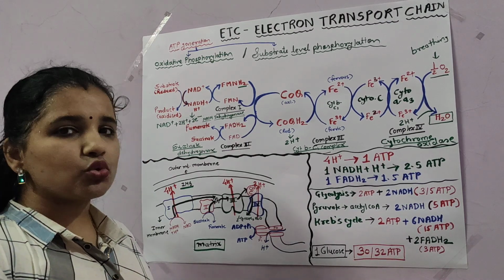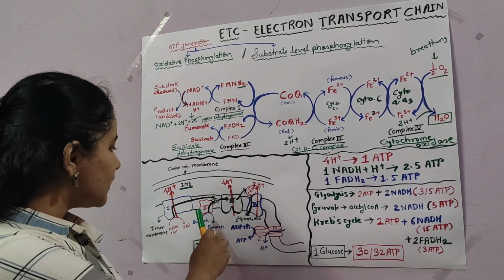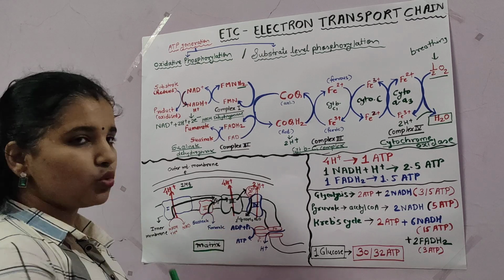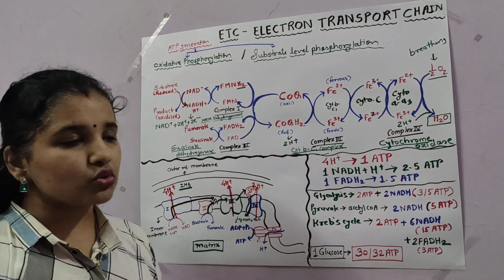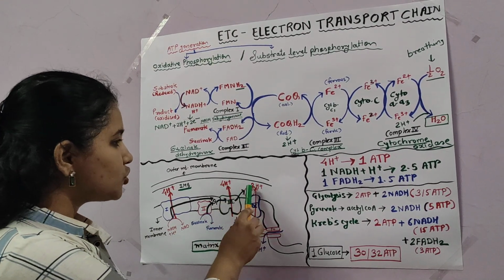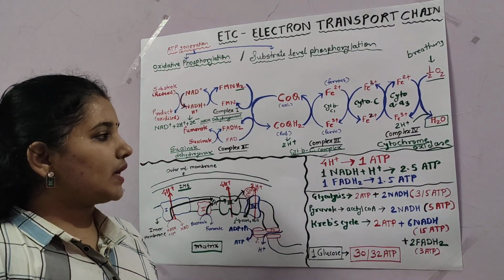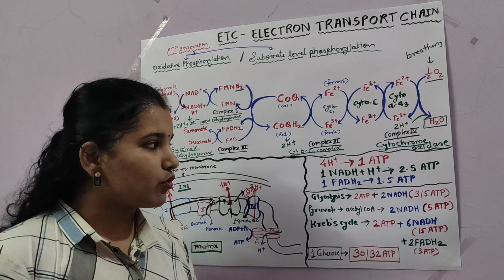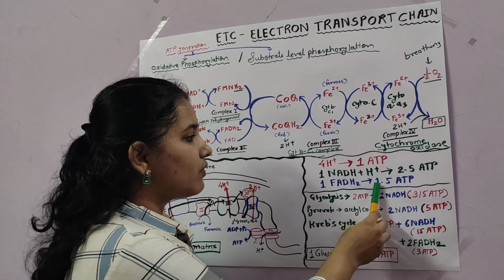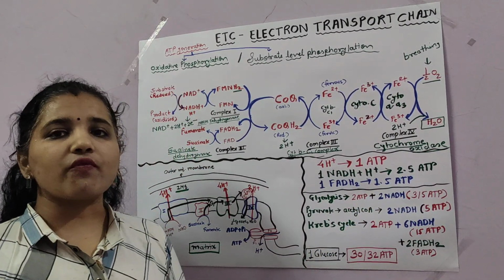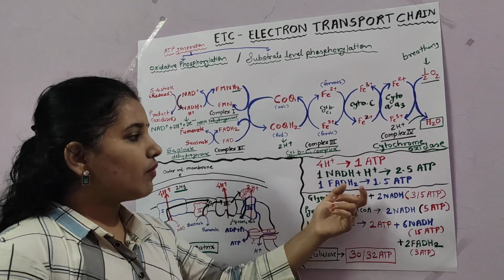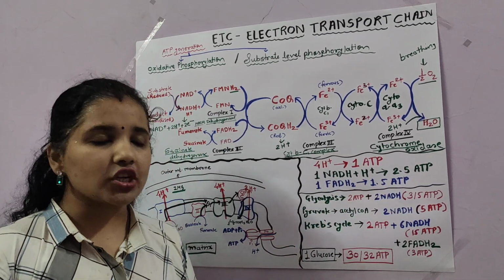And FADH2, as I told you, enters the ETC by complex 2. So it leads to the pumping of 4 plus 2, total 6 protons. If we divide 6 by 4, we get 1.5. So for 1 FADH2 molecule, 1.5 ATP are generated.